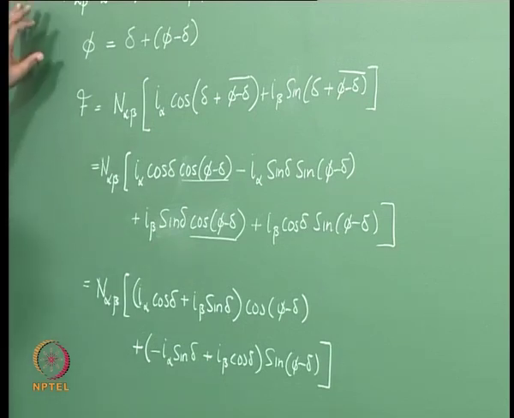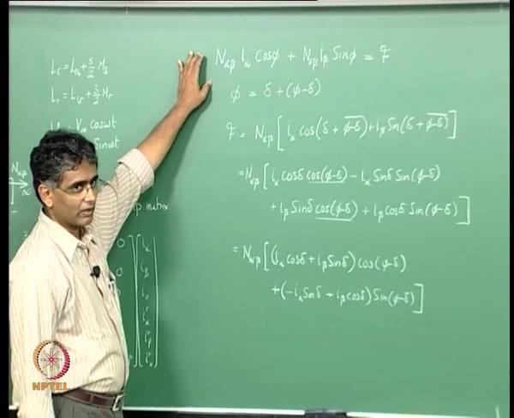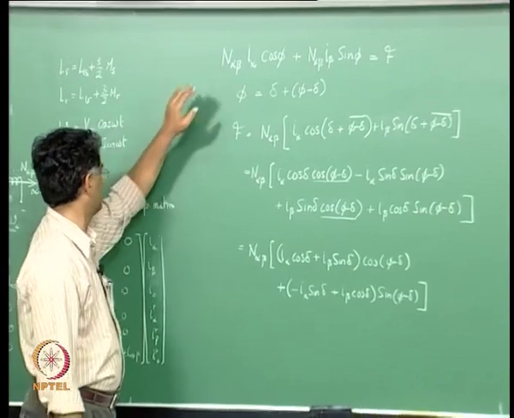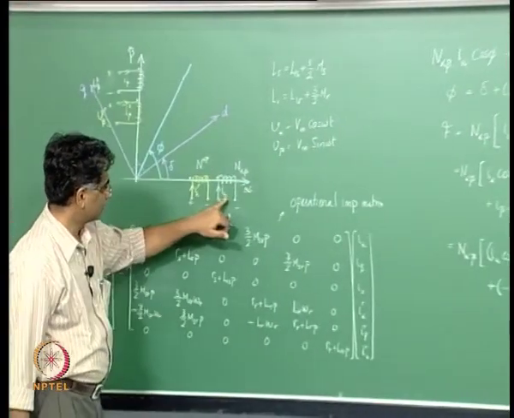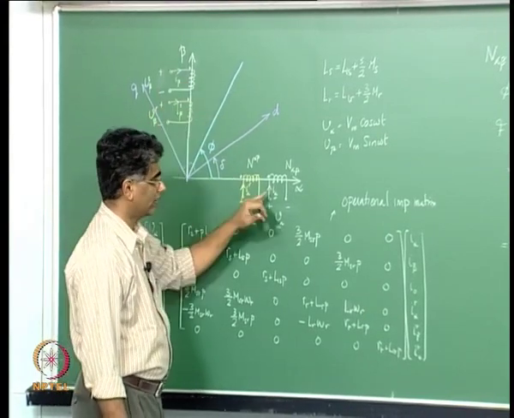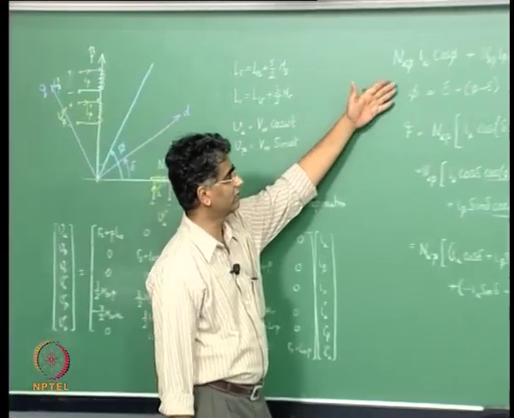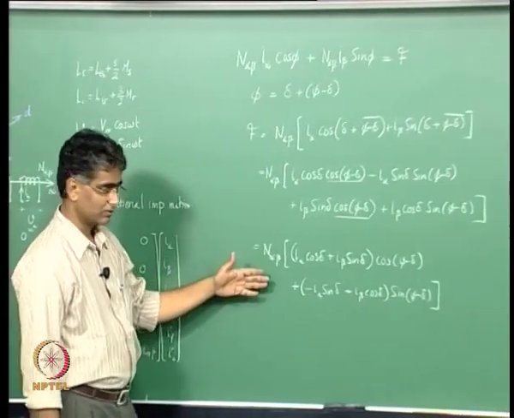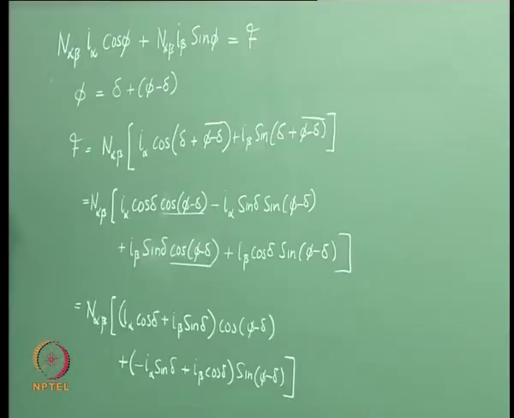So, we started out with the MMF that is produced by the stator alpha coil and stator beta coil, and that MMF equation is the same as what we have derived here.